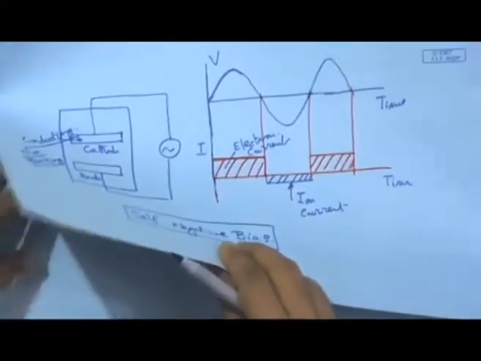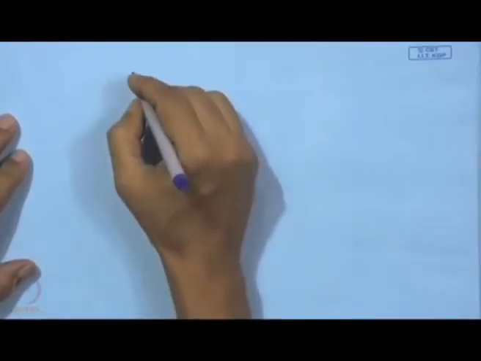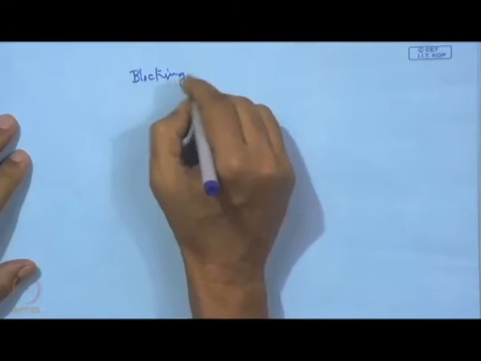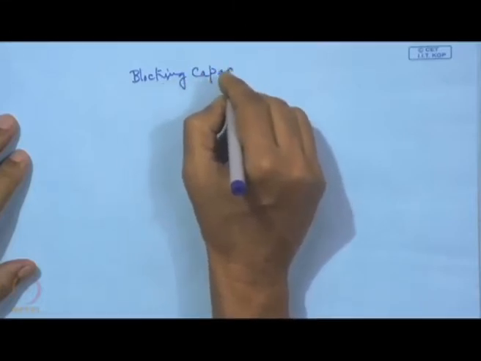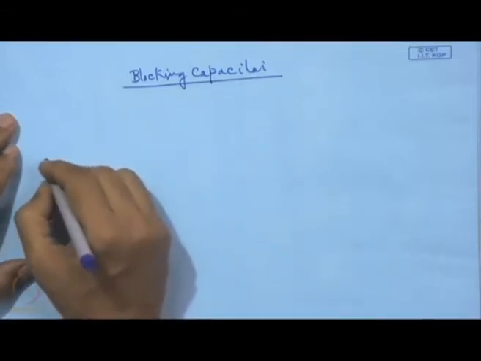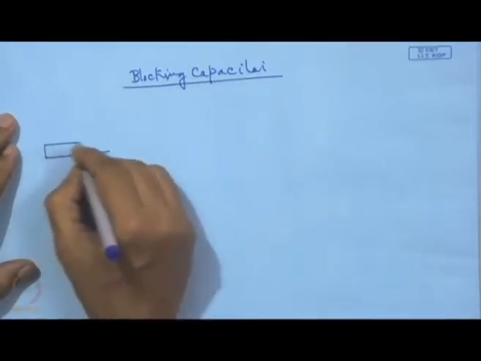So, when it is a conducting cathode or a non-blocking cathode, what is also added in this system is what we call a blocking capacitor. Now, with this blocking capacitor, this diagram will be slightly modified.